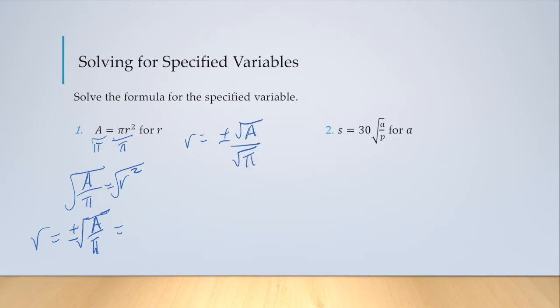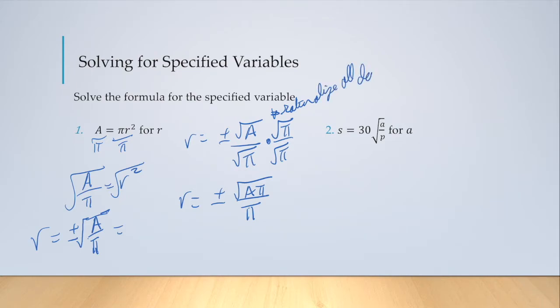If I distribute that square root. And do we like radicals in our denominator? No, we have to rationalize. So we're going to multiply on the top and bottom by the square root of pi. So I find r is plus or minus the square root of A pi over pi. Again, key step, we have to rationalize all denominators. We know better. I know better.